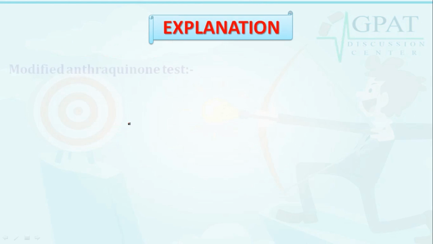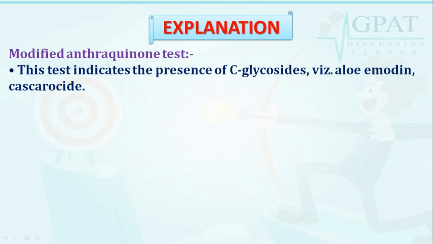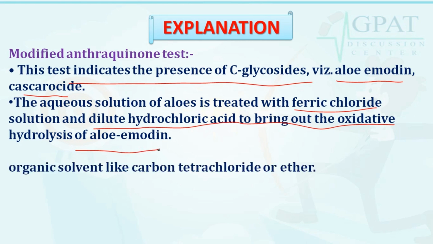What is the modified Borntrager test? Let's discuss. This test indicates the presence of C-glycosides like aloin and cascarosides. The aqueous solution of aloe is treated with ferric chloride solution and dilute hydrochloric acid to bring out the oxidative hydrolysis of aloin.